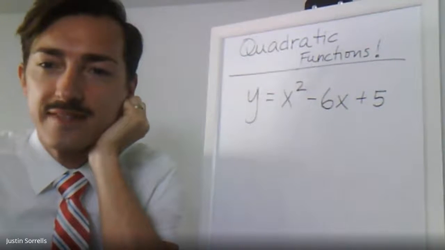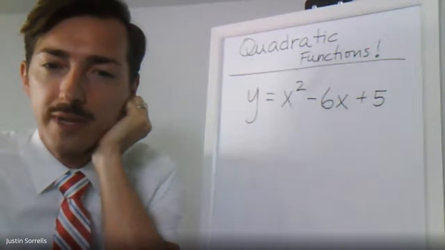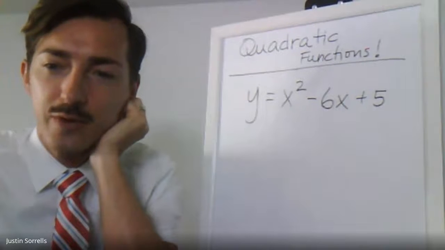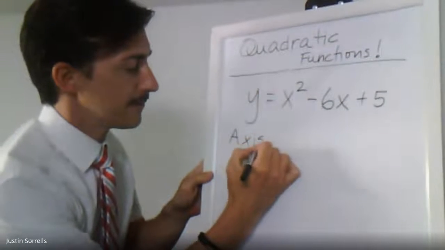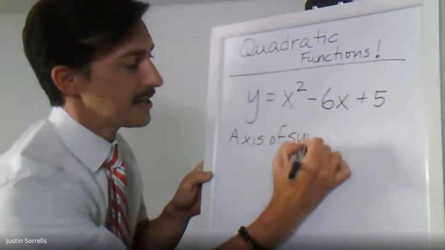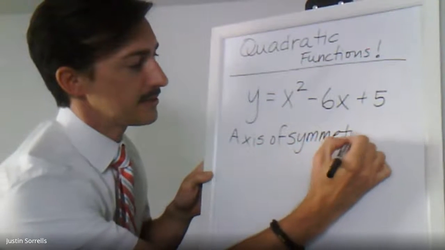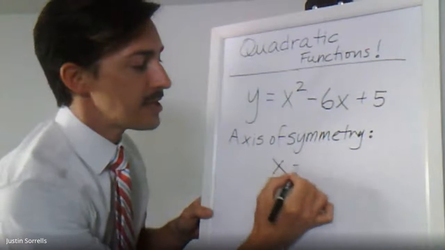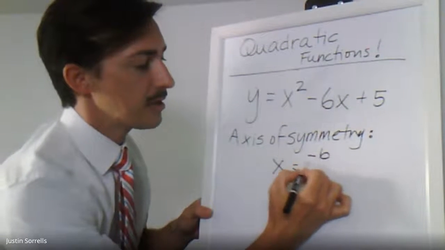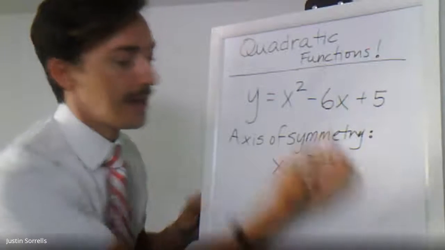And with that axis of symmetry, we have a formula that we'll use every single time, okay? Axis of symmetry. That formula, x equals negative b over 2a, okay?